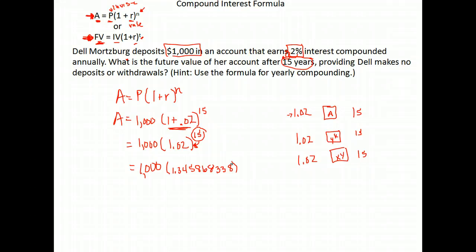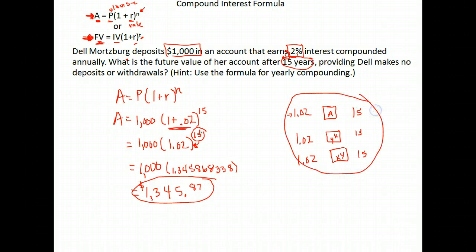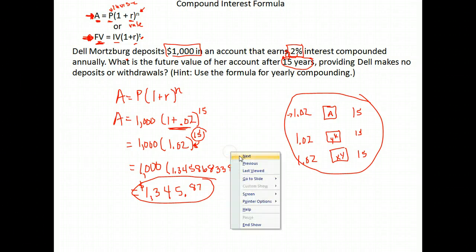Just leave that number in your calculator and go times the 1,000. So the amount in the account at the end of those 15 years will be $1,345.87. If you have questions about using your calculator for this exponent part, please contact me, because that will be very important.